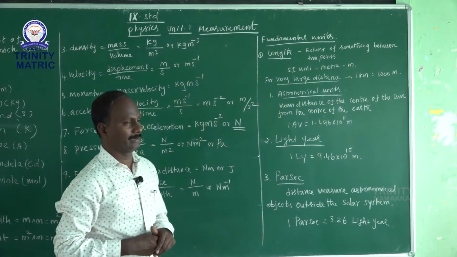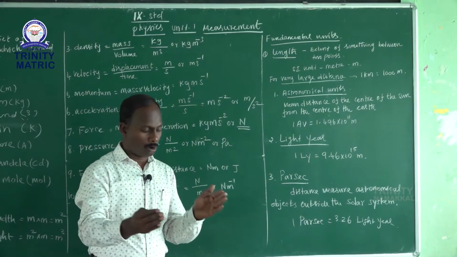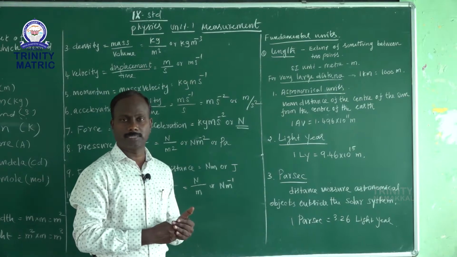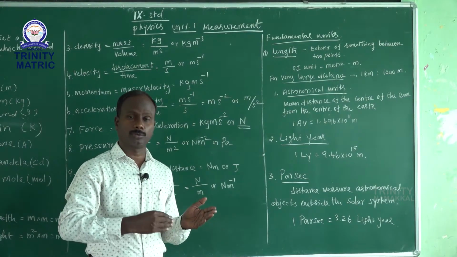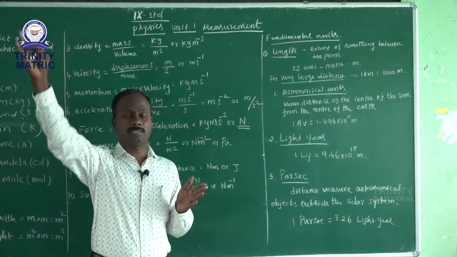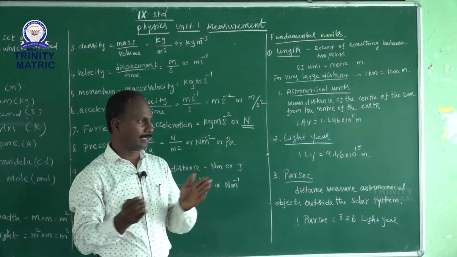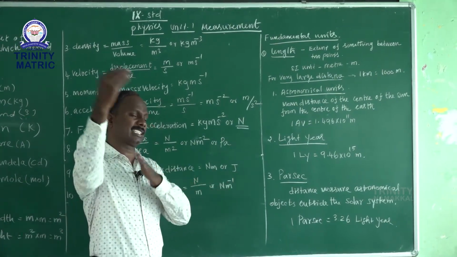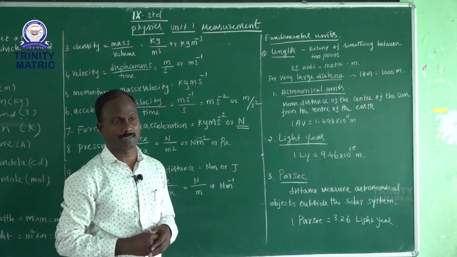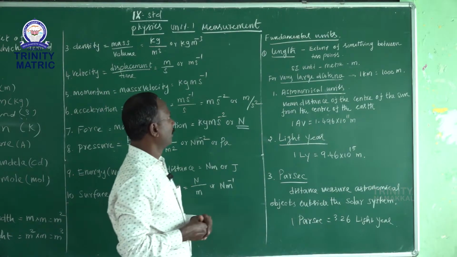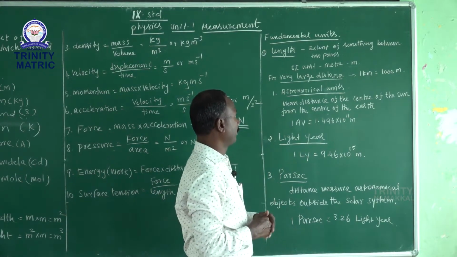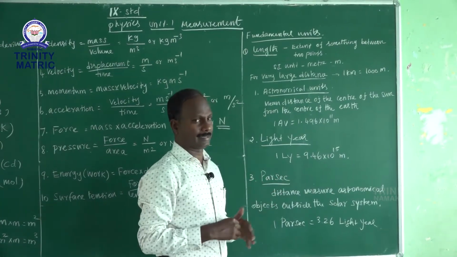For length, you measure from very small distances up to very large distances. So what are the minimum and maximum values? First, let's see measuring large distances.